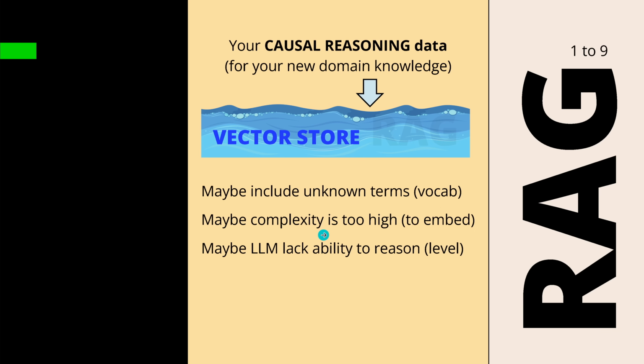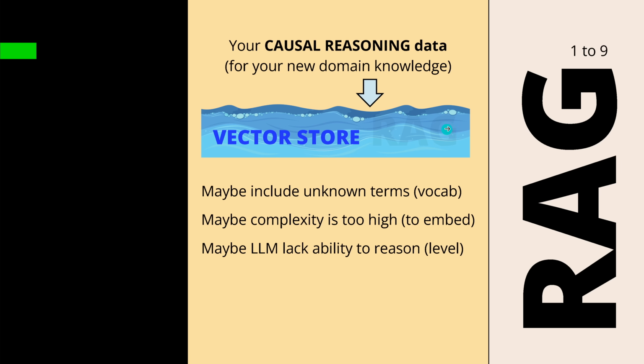Or maybe the complexity of your causal reasoning data you provide as a learning material is simply too high for the LLM that generates the embedding for the vector store, because the vector store is generated by an LLM, and maybe this LLM is not powerful enough because, you guessed it, those companies that run the vector store do a profit optimization to embed.